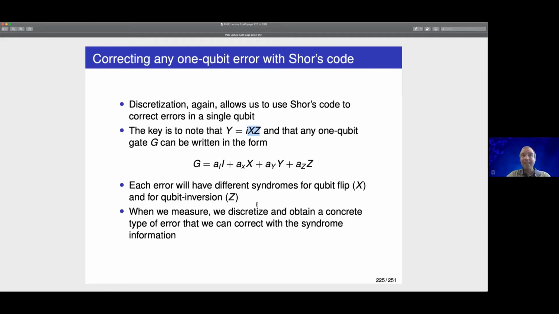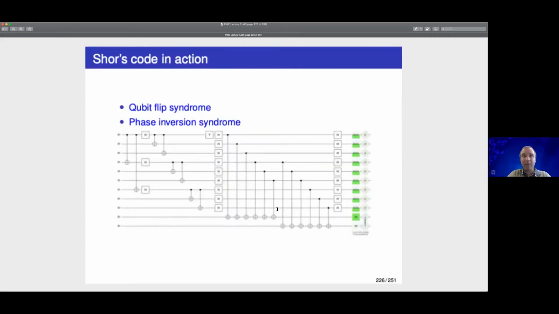And then when one of these gates acts on one of the qubits, what we have is a superposed state, which when we compute the syndrome, each of the possible errors is entangled with the corresponding syndrome. And we can use the combined information of the syndrome in order to correct any of these errors. I think that the best way of seeing this is, again, visually.